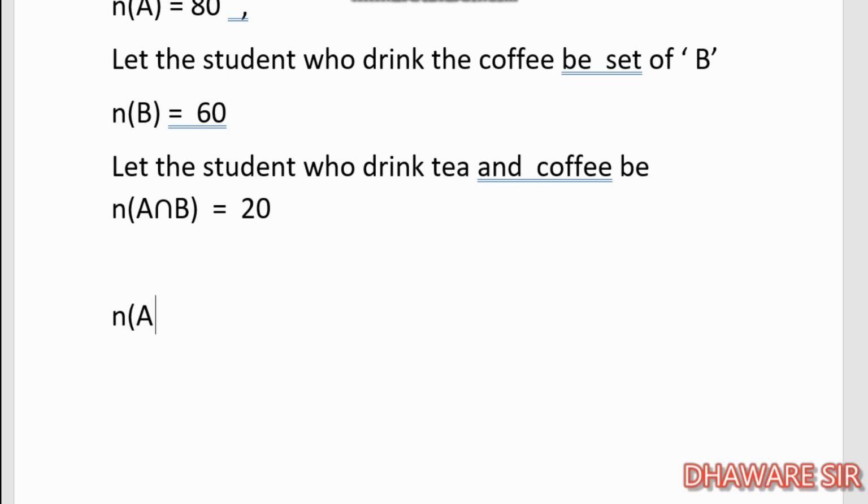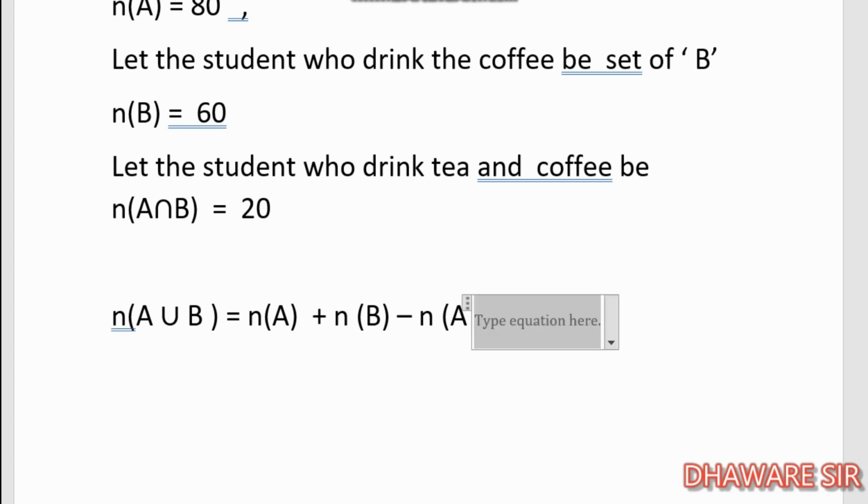n of A union B is equal to n of A plus n of B minus n of A intersection B. So this is our formula, and now let us write down the given values under the equation.